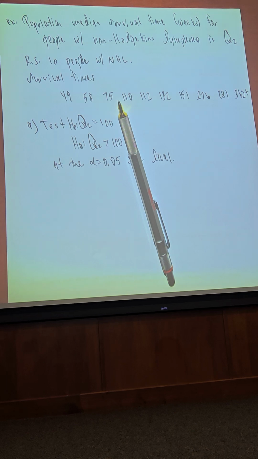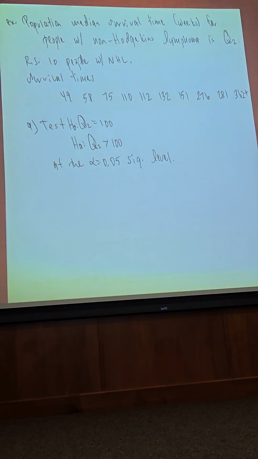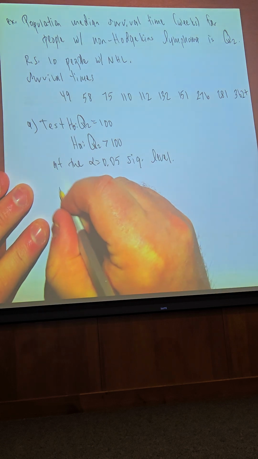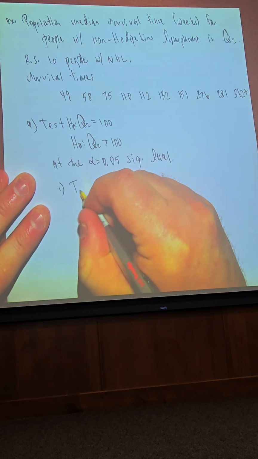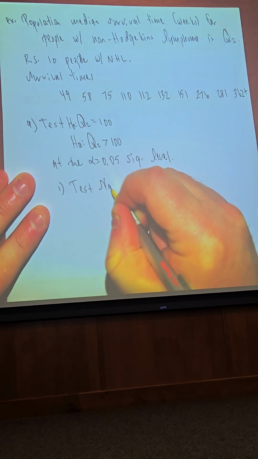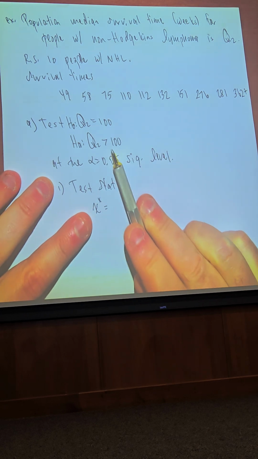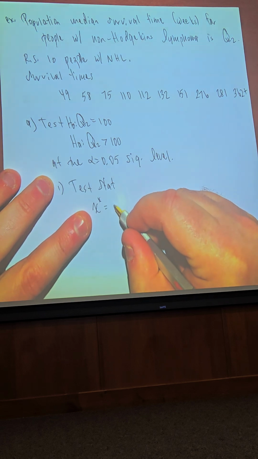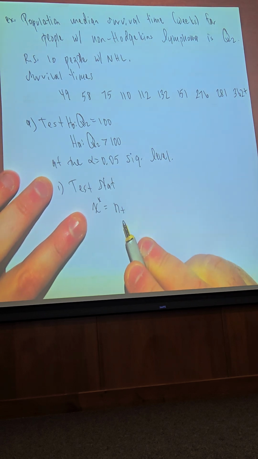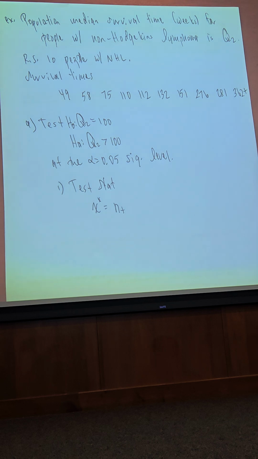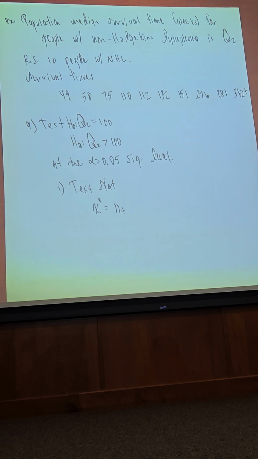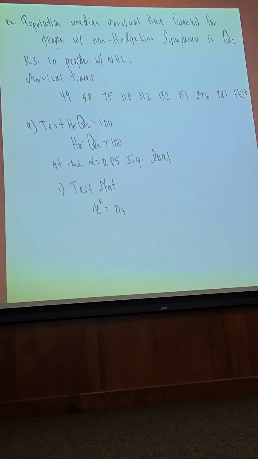So to do this, let's set up the test as Matt proposed. Here's my test statistic, which is X star. For greater than, we're going to count the number of data points, n plus, which is the number of data points that fall above my median of 100.